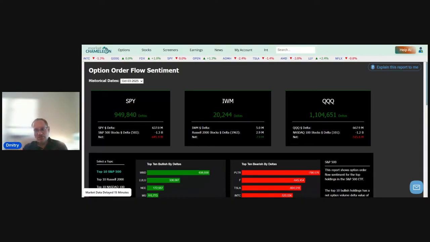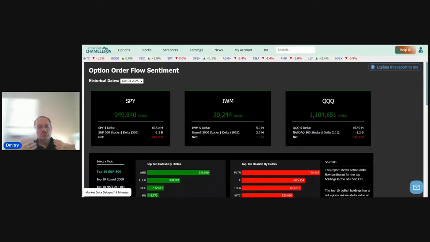Once we're making those interpretations, we aggregate and keep track of how it progresses throughout the day. If it's starting out bullish, does it continue to build on top of that, get more bullish, or did we get bearish? Or if we get a balance of bullish versus bearish, it'll stay more neutral.